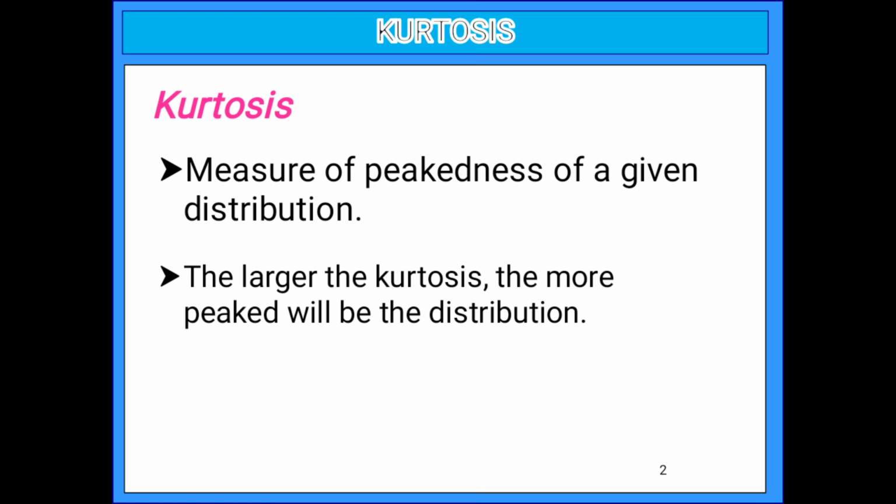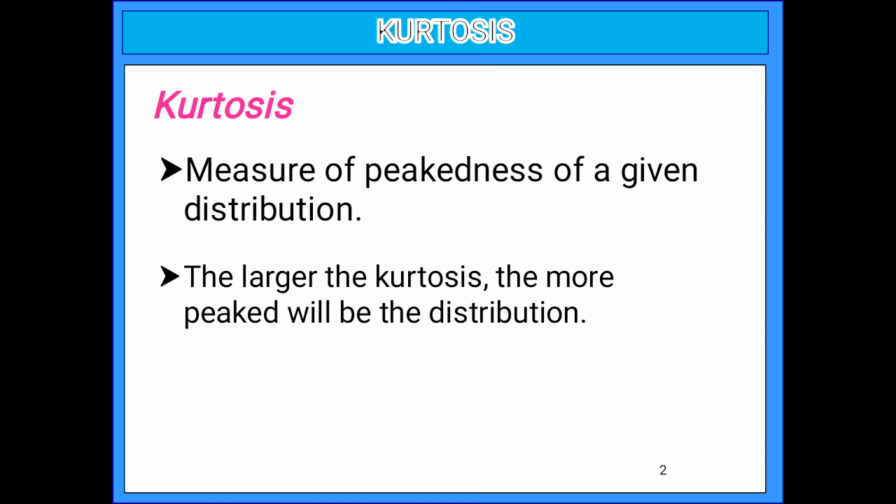Just like the skewness, the further it is from zero, the more skewed it is. So for this, there will also be an interpretation that lets you determine the shape of the distribution once we get the result for the measure of kurtosis.